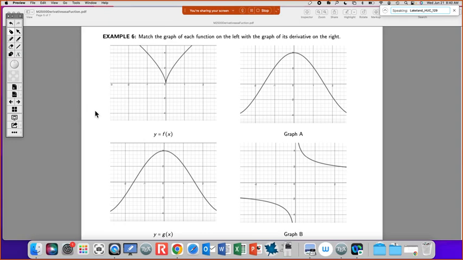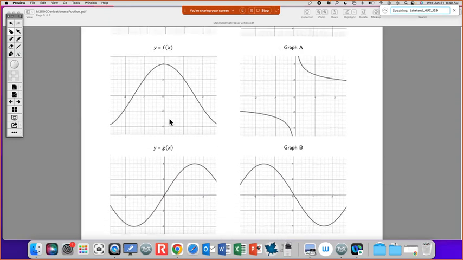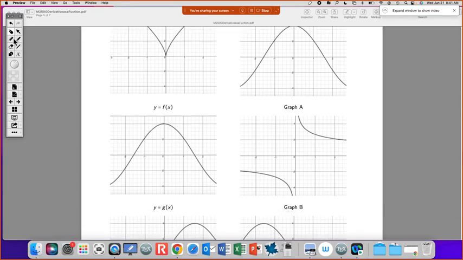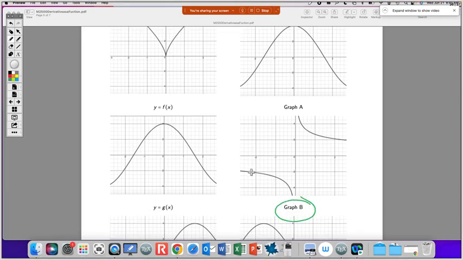So which of these graphs here on the right shows that? Graph B. If we look at graph B, everything over here is negative. That corresponds to the negative slopes. But these slopes are heading down to what? -infinity. You follow? Because the graph is looking like it's trying to be vertical there.